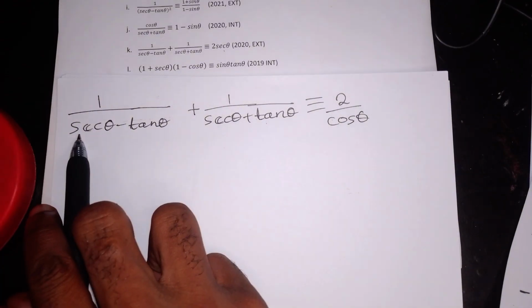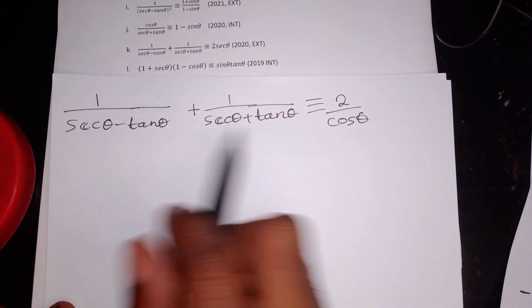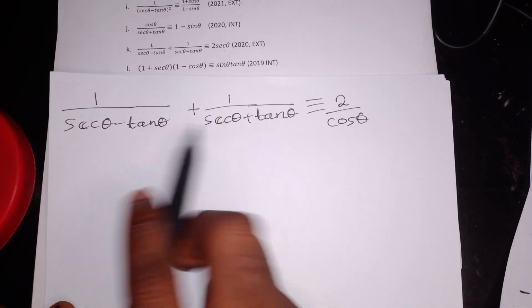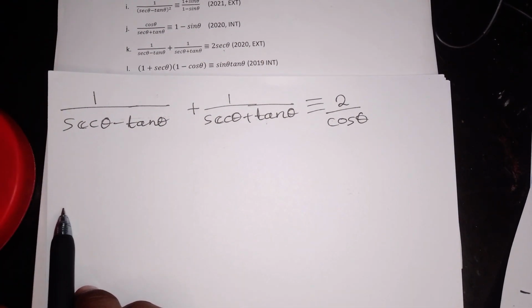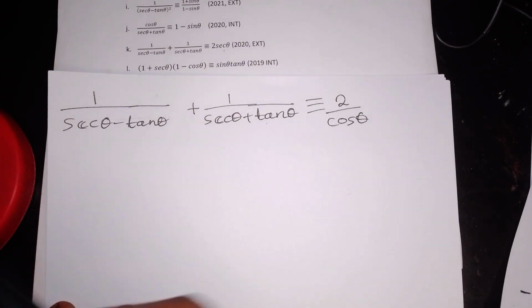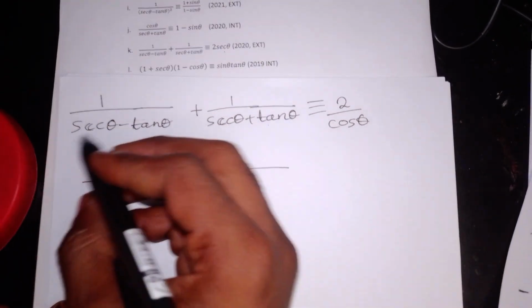You can change this to 1 over cos theta, this to sine theta over cos theta, but because these two are the same, I think it's better to just multiply them. Remember, the difference of two squares can give you something nice from this.